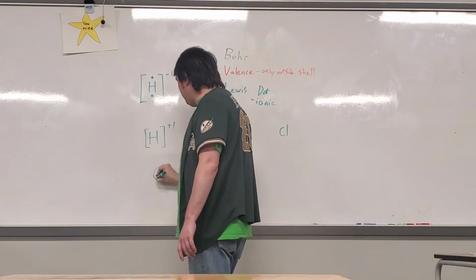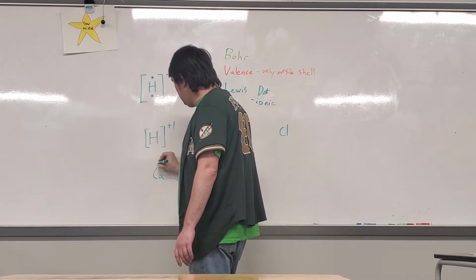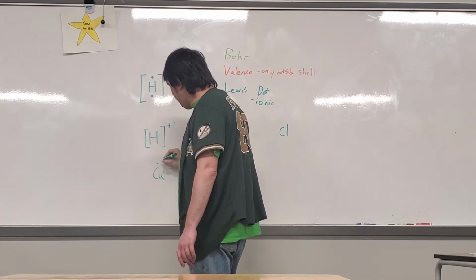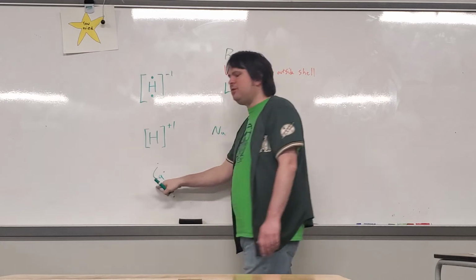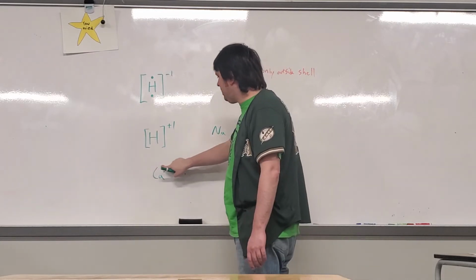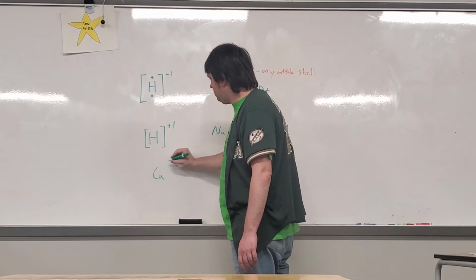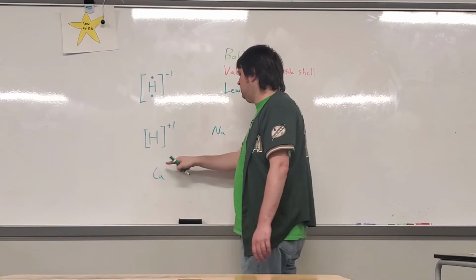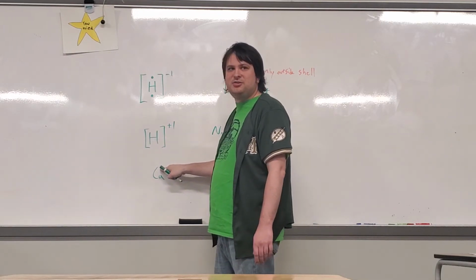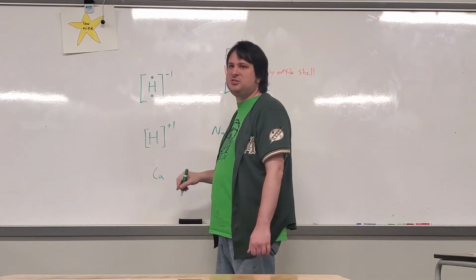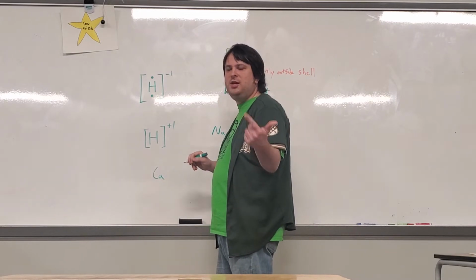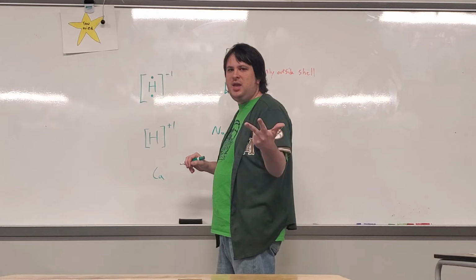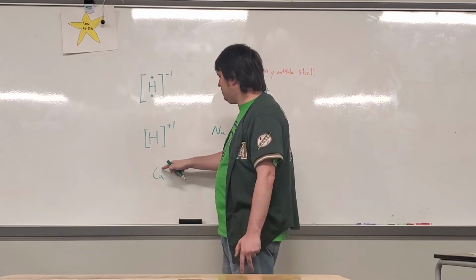Say that you have calcium, which has 2 outer electrons. Well, it's much closer to getting rid of them, so it will much more likely get rid of its electrons. Calcium has 20 protons. It has 18 electrons now that it got rid of its 2 on the outside: 2 on the first shell, 8 on the second shell, 8 on the third shell.